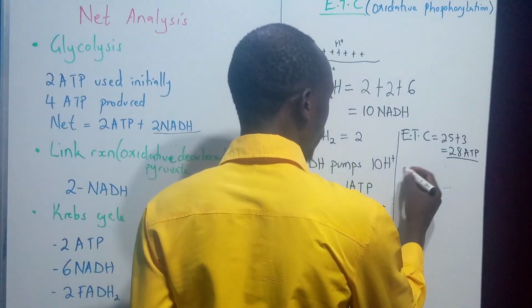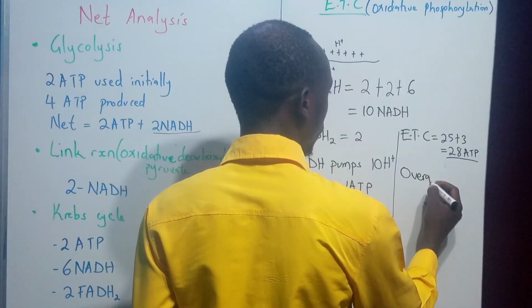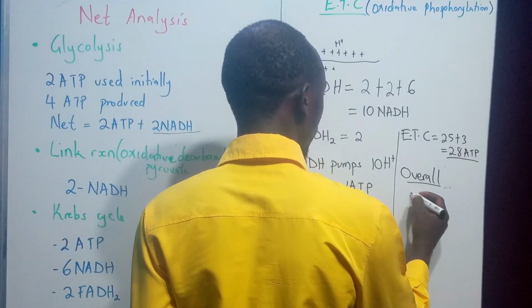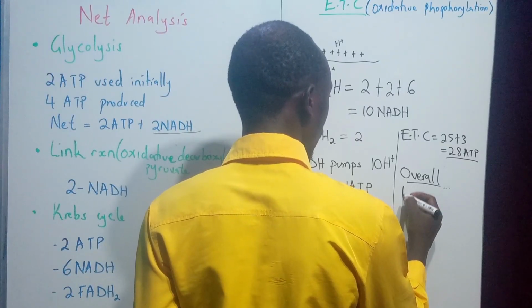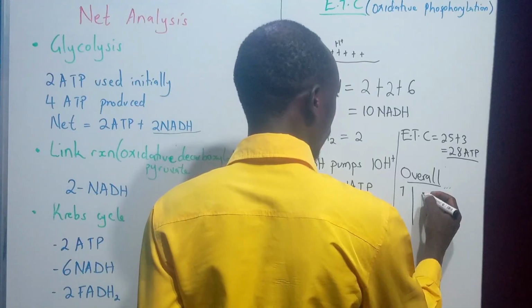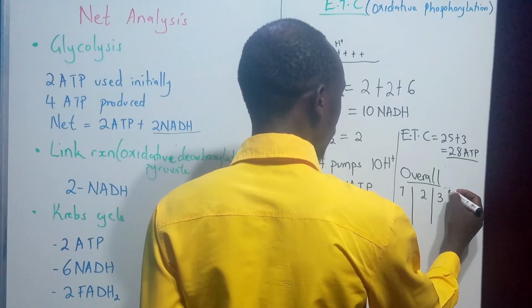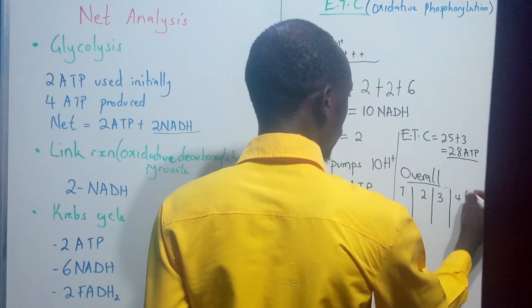So overall, you can get the overall ATP from glycolysis, stage 1, stage 2, that is the link reaction, stage 3, that is the Krebs cycle, then stage 4.